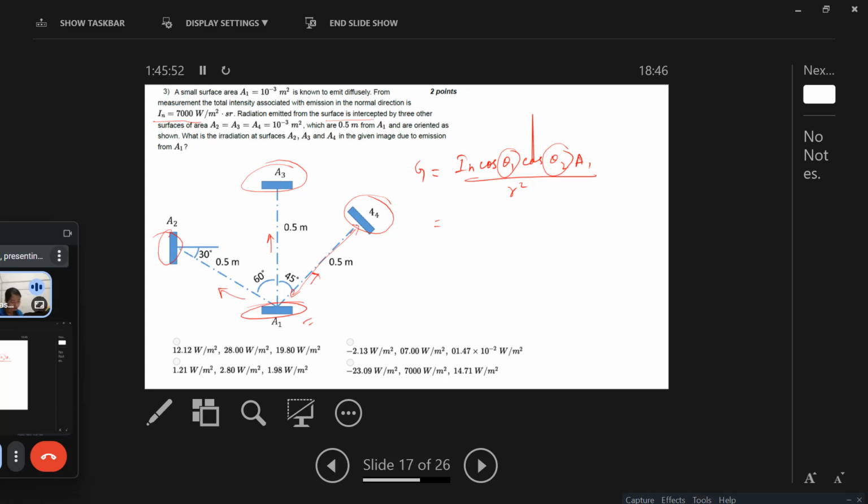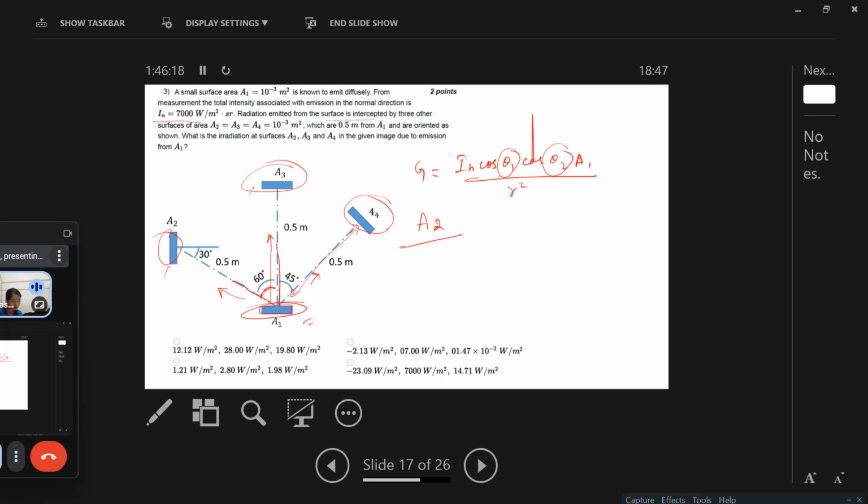So first we need to calculate this theta 1 and theta 2 individually for all the surface areas, that is A2, A3, A4. So for A2, we see this theta 1 is this angle to this A1, that is this with the A2, right?